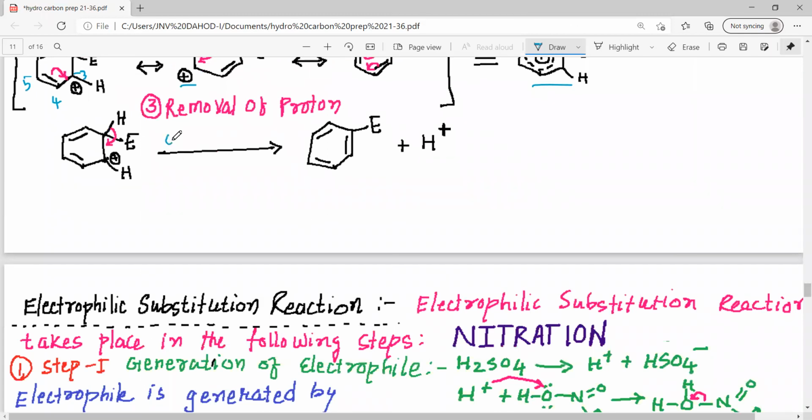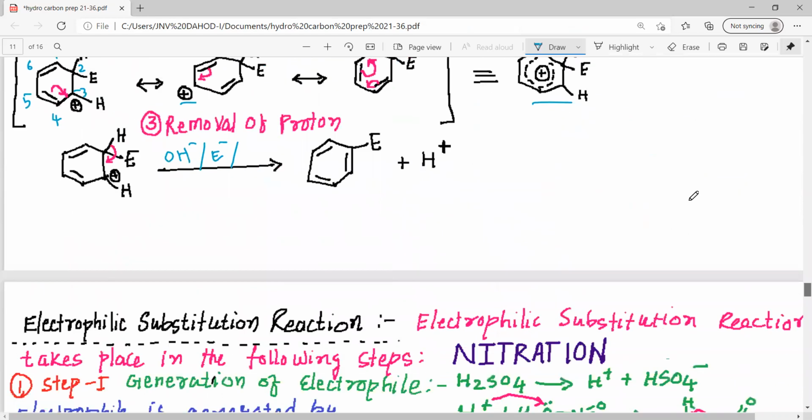It can react with the OH minus, or my dear students, it may react with the E minus, or it may even react with the X minus.